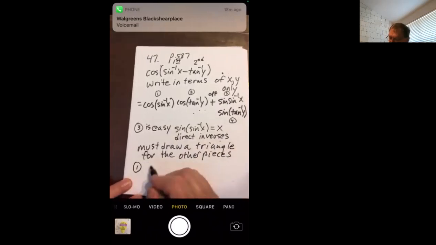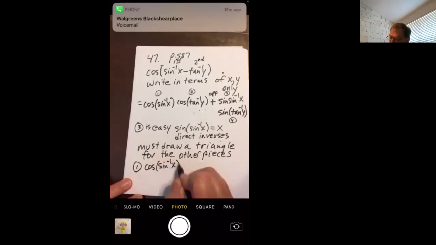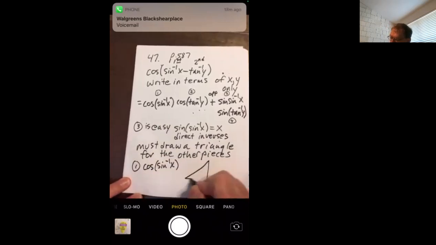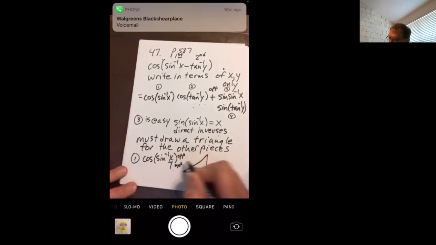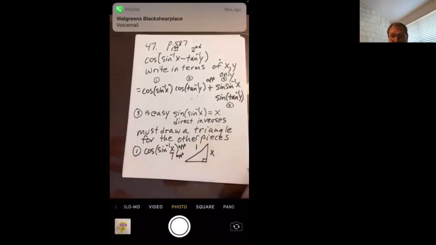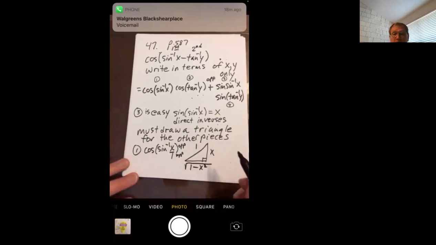Look at piece 1, a cosine of an arcsine of x over 1. Remember a sine, and again, it doesn't matter, it's arcsine, it still works by sine. Opposite over hypotenuse, so your x goes there, 1 goes there. And I'm speeding this up, so I hope you know that's the square root of 1 minus x squared.